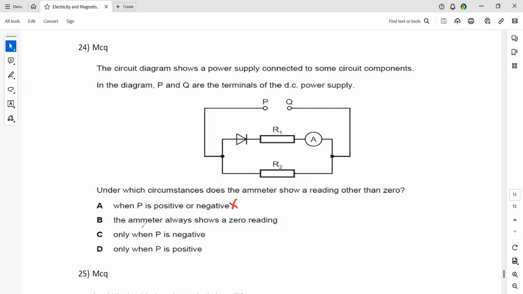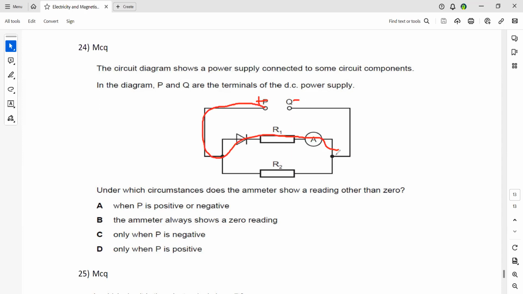When we check B, the ammeter always shows a 0 reading, like if P is positive or negative. No, that's not correct. It will only be 0 when P is negative. The question is under which circumstances the ammeter shows a reading other than 0. So what will happen when P is positive?